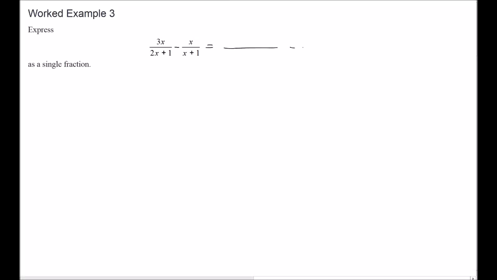Again, same approach. I'm going to make sure that they have the same denominator. So I'm going to multiply both denominators by each other. So I'm going to do 2x plus 1 times x plus 1. And again, 2x plus 1 times x plus 1. This denominator was multiplied by x plus 1, so I need to multiply my numerator by x plus 1.